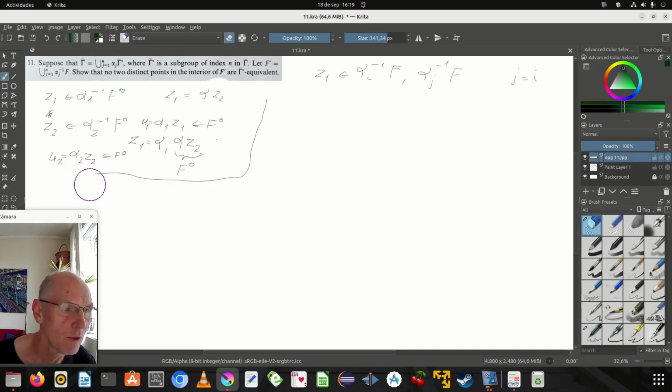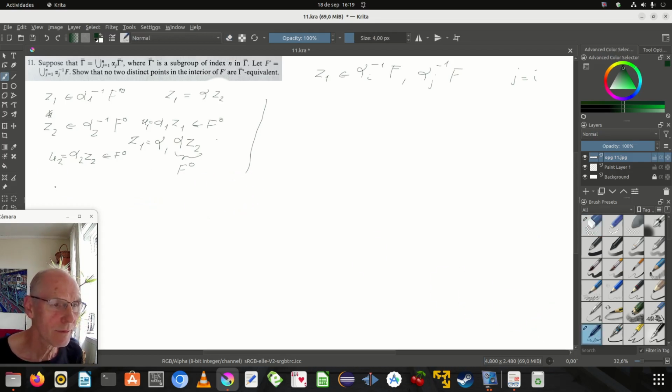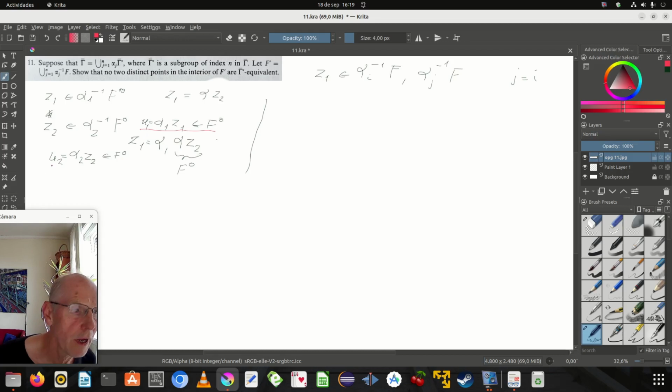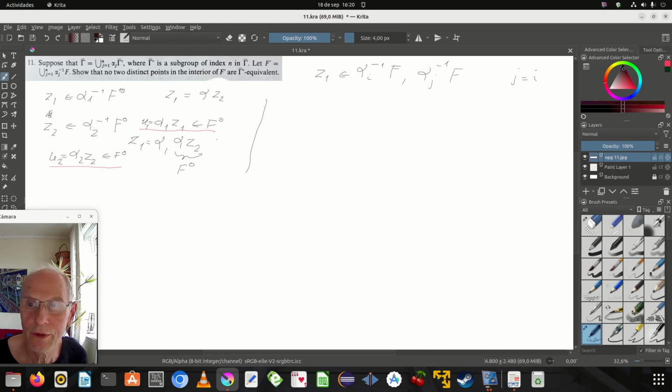We'll just remove this line. U1 and U2 both lie in the interior of F. So all we have to do is to make a connection between them.